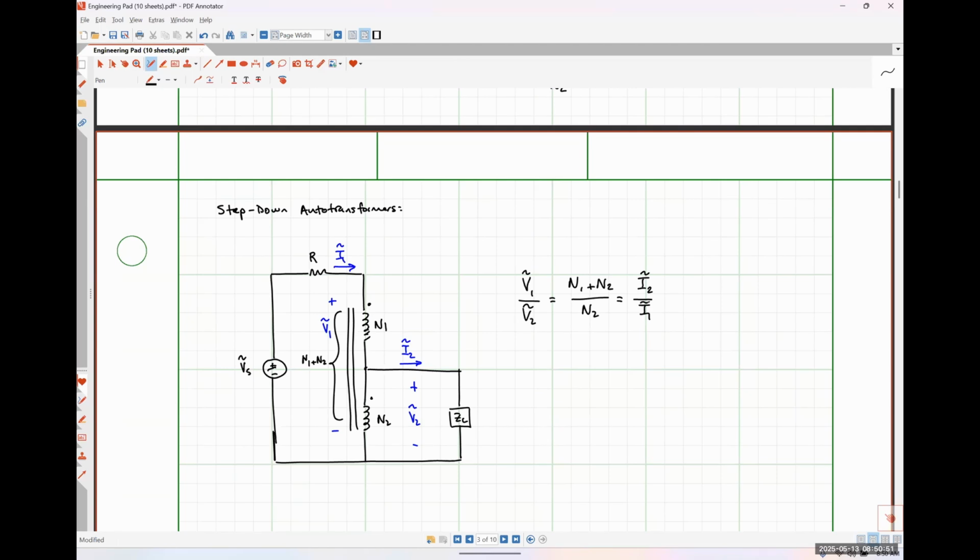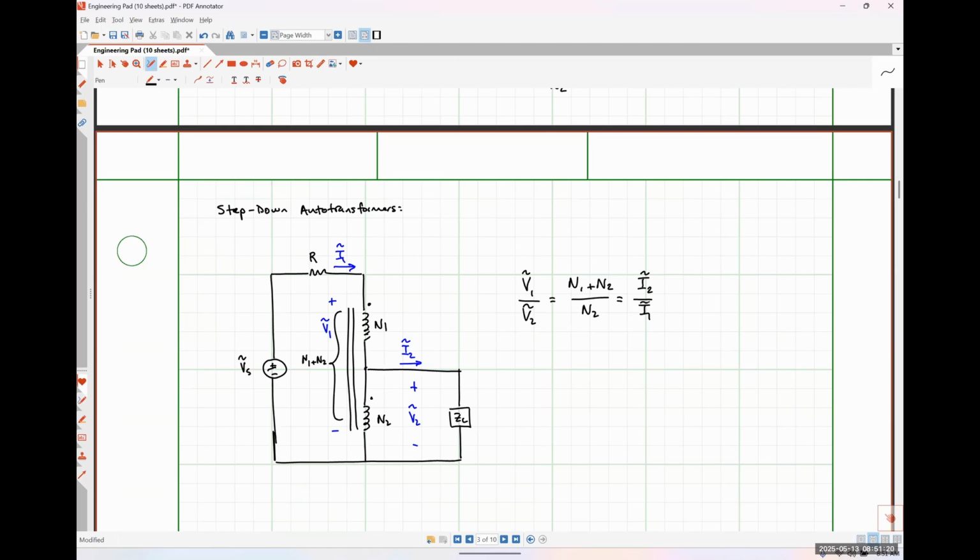Okay. So the last thing that I want to talk about is just where we might see auto transformers. Auto transformers are actually pretty common. One of the reasons why they're so common is because they are significantly cheaper than a regular 2-winding transformer. Since we only have one winding, we only have to provide enough copper to make one winding, right?